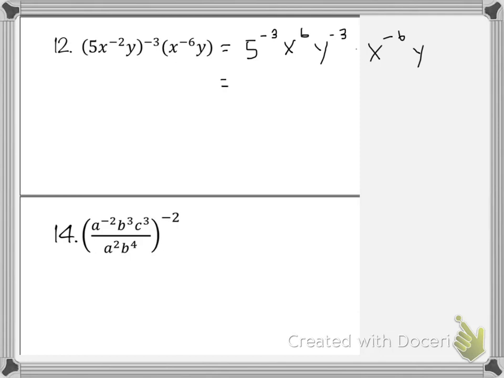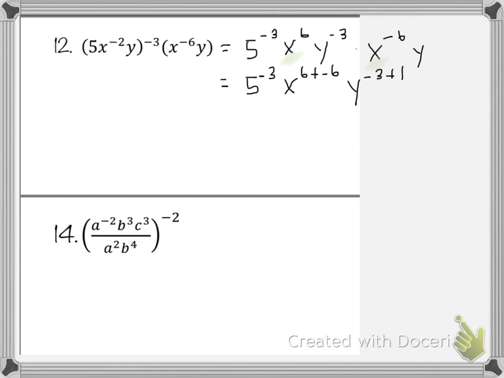Okay, so I'm still going to have that 5 to the negative 3. And now, what do you do here? You'll add. You multiply those like bases together, so you'll add the exponents. So you'll have x to the 6th plus a negative 6, y to the negative 3 plus a 1.